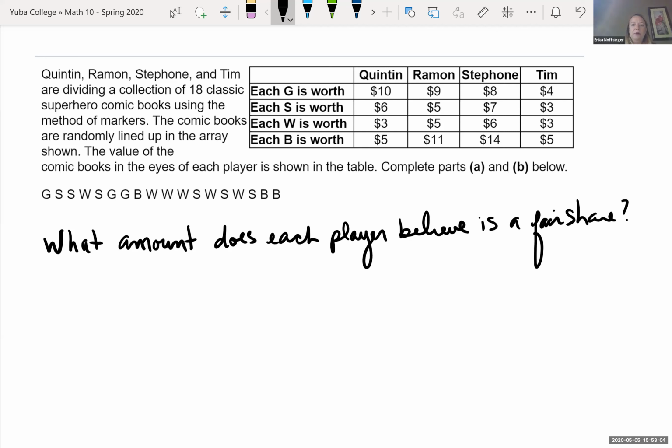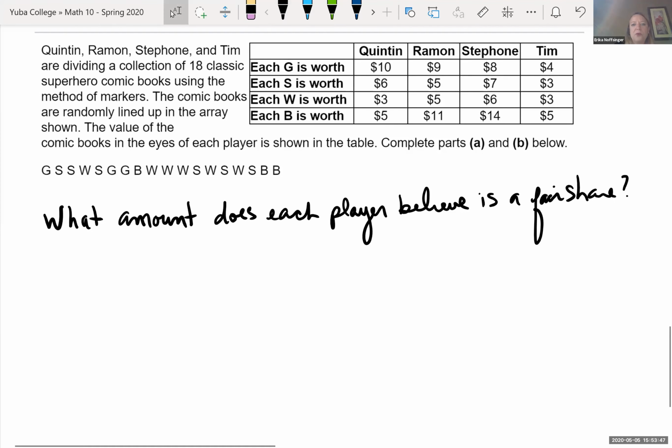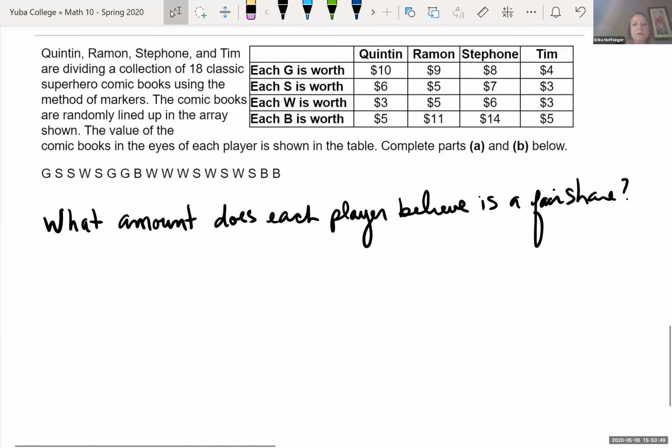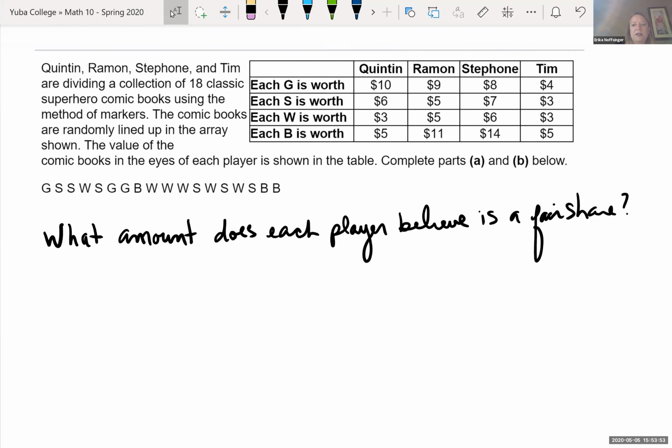So we need to look at how much each group of comic books is worth. Okay, so let's go through each person, and start with Quentin.